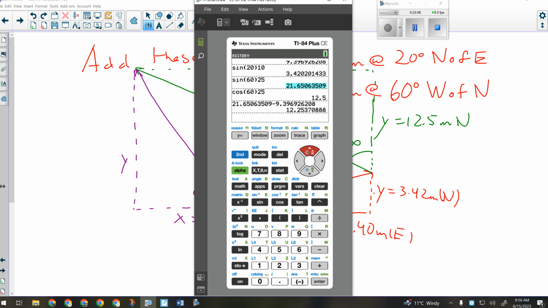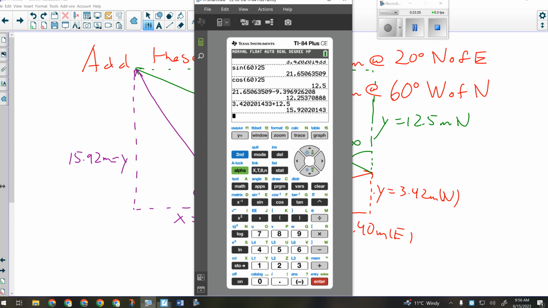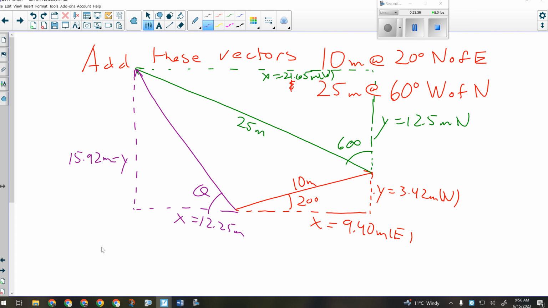So that'll be 3.42 plus 12.5, 15.92 meters. Then we do Pythagorean theorem: square root of that number squared plus that number squared. There's our resultant, 20.08 meters.